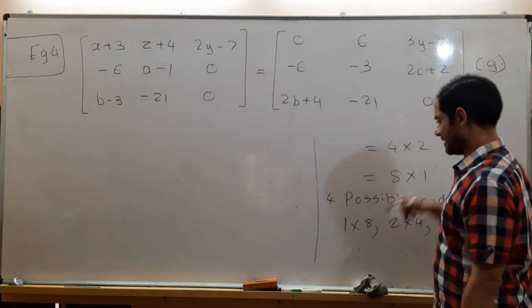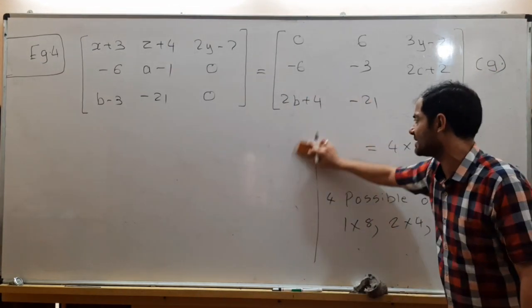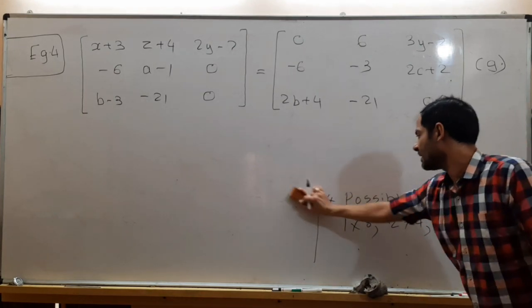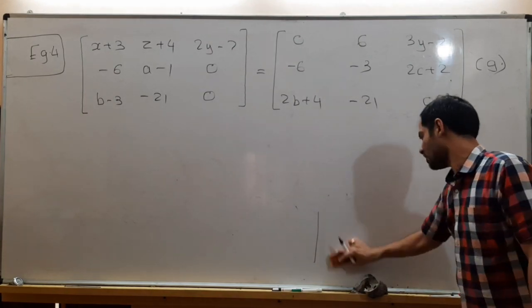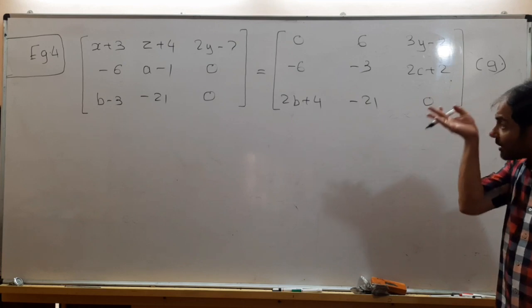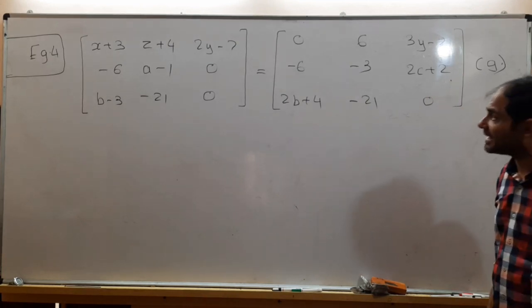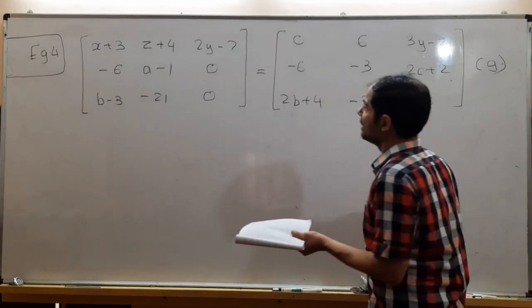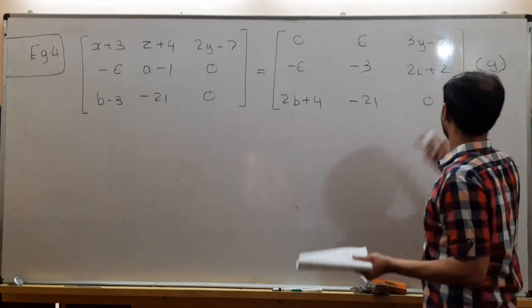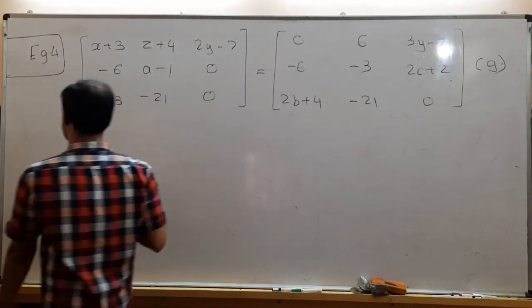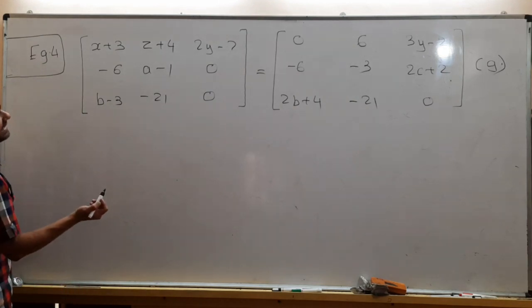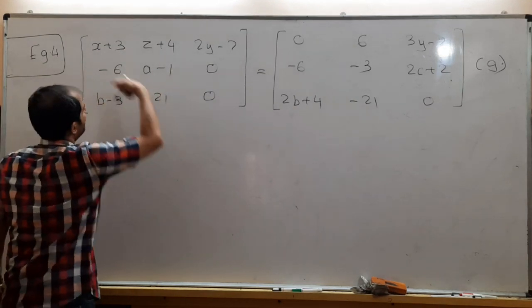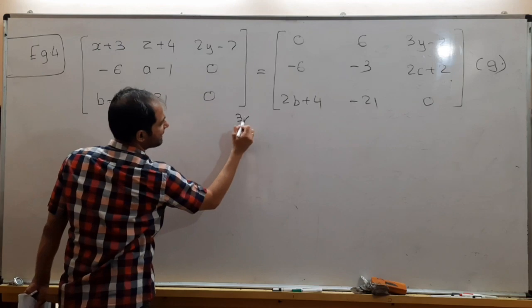In example 4, these two matrices are given as equal, and we have to find the values of the unknowns, which are x, y, z, a, b, c. We have to find x, y, z, a, b, c. This is a 3 cross 3 matrix.